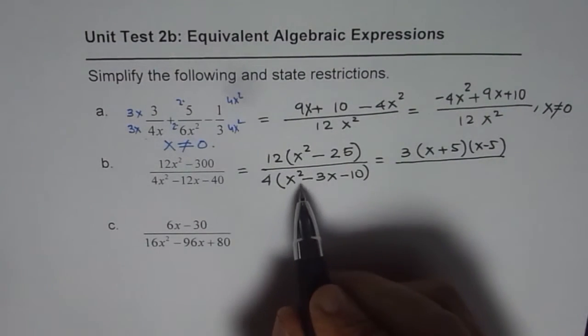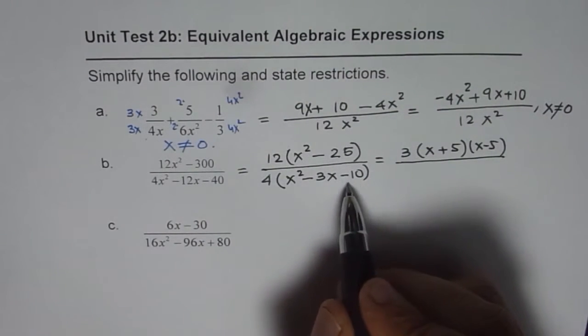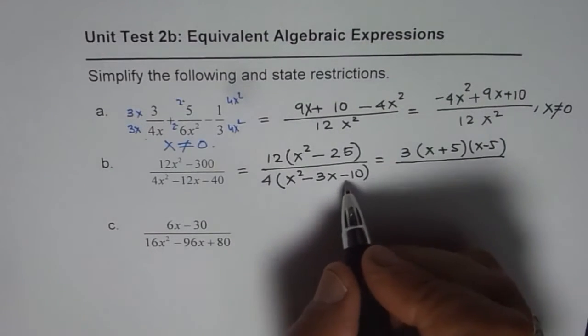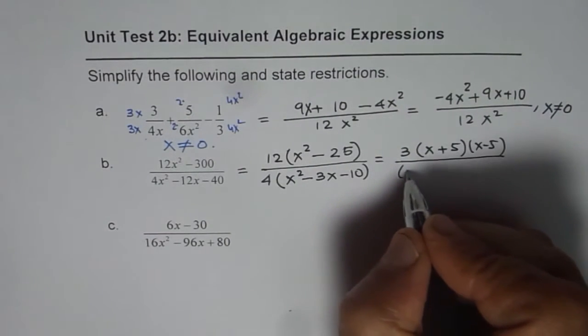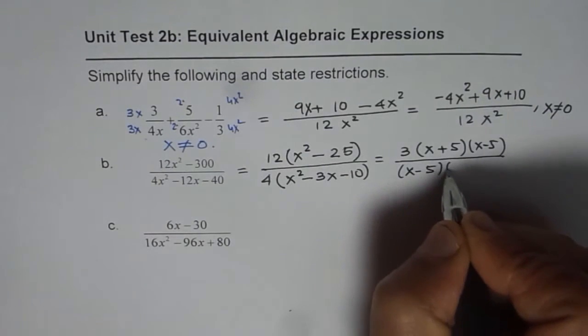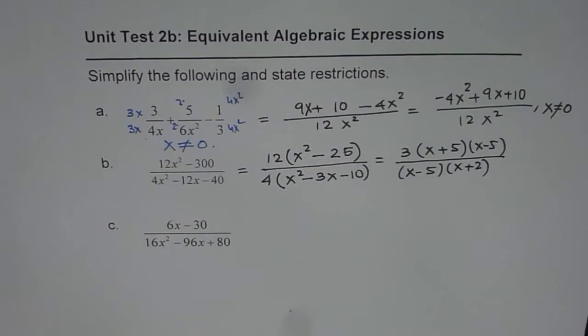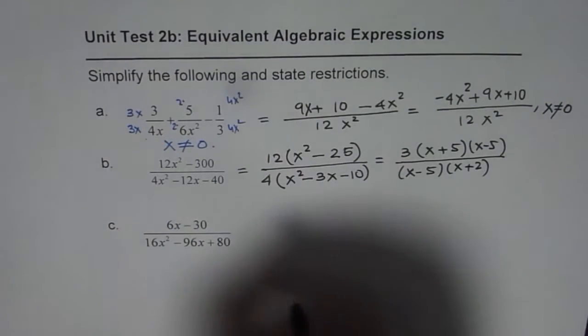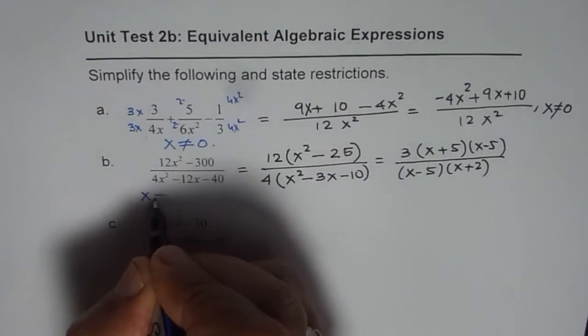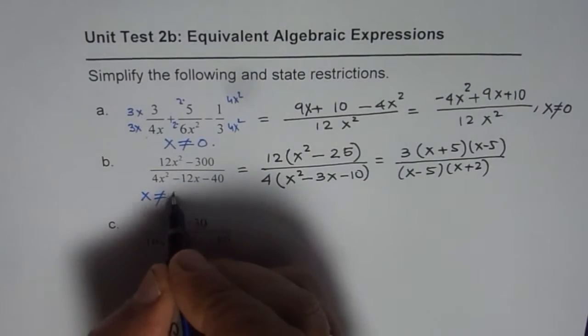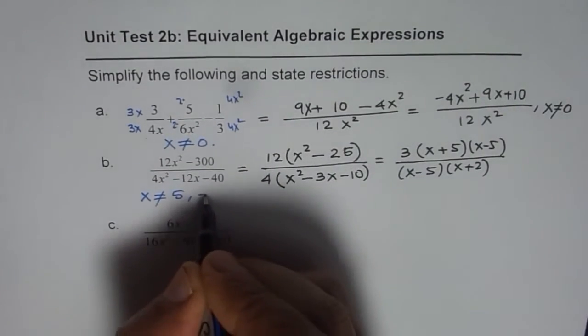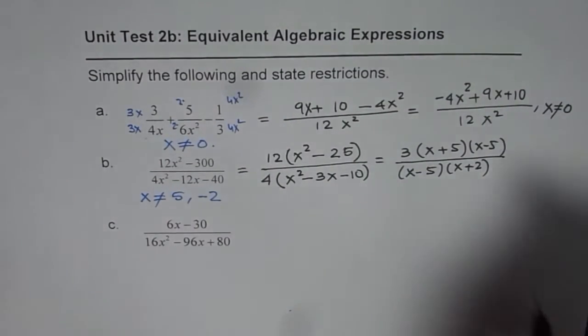Now we're looking for a product of 10, 2 times 5, minus, and minus is the bigger number. So x minus 5 times x plus 2. Now in this particular case, let us write restrictions. x is not equal to 5 and x is not equal to minus 2. So these are the two restrictions.